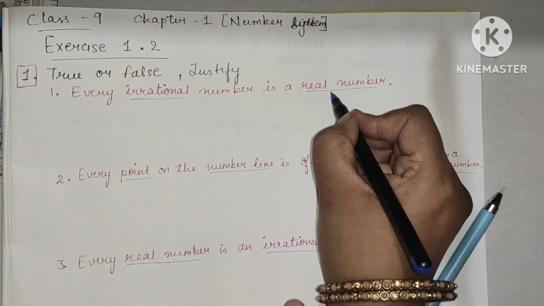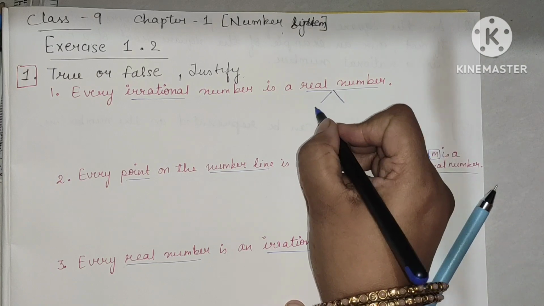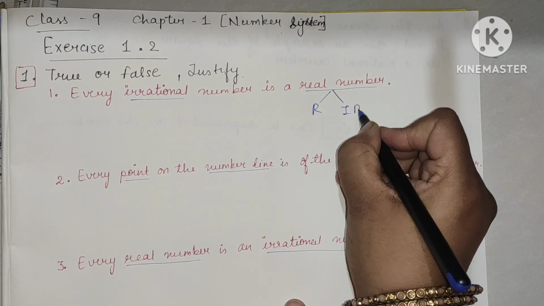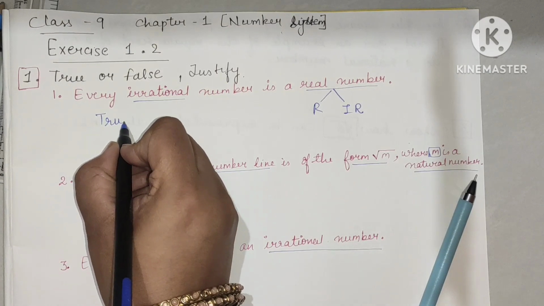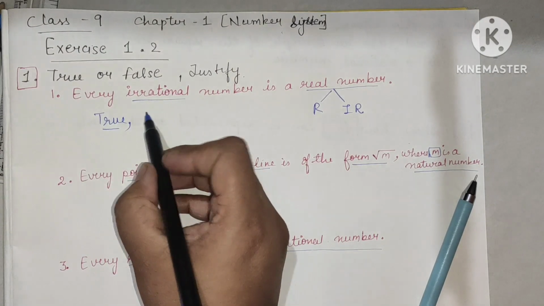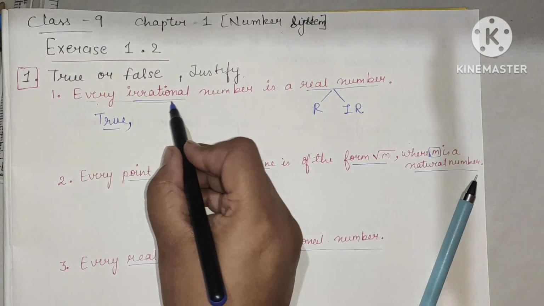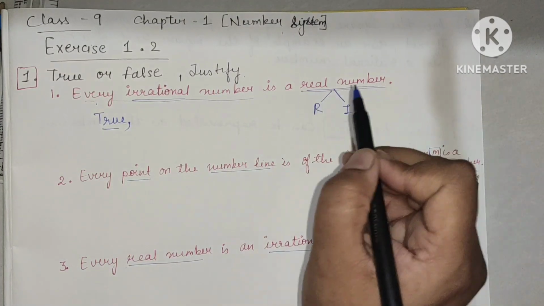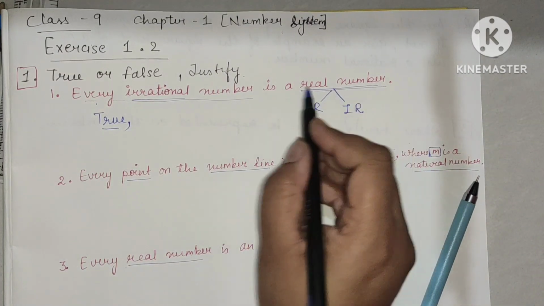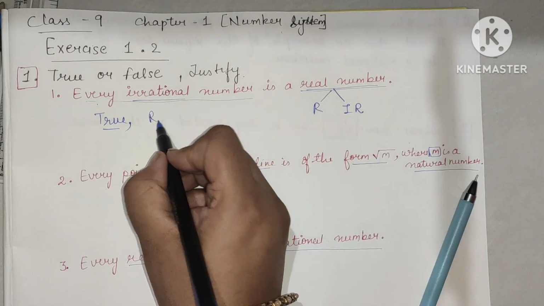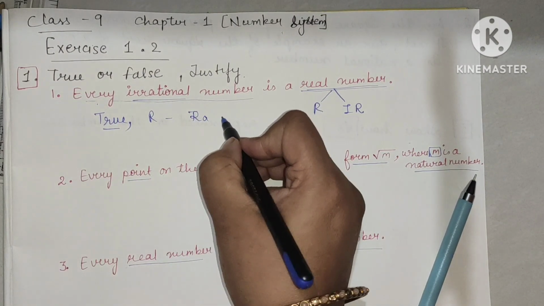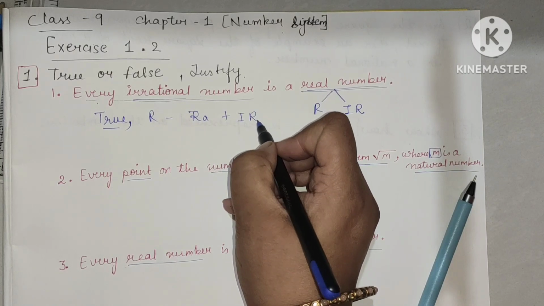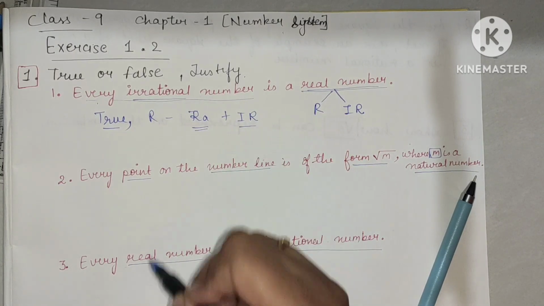Here, simple, real numbers are rational or they can be irrational. Therefore the answer will be true. Yes, every irrational number is real, because real numbers are the collection of rational numbers plus irrational numbers.